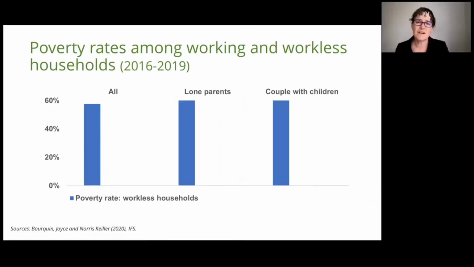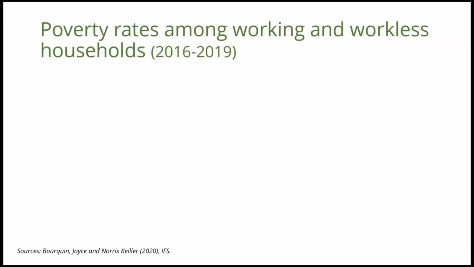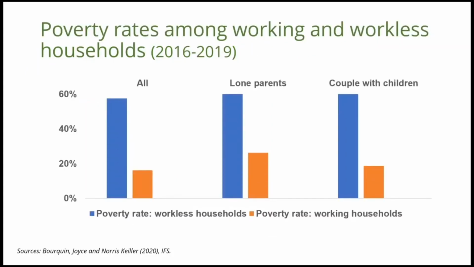And this doesn't in fact vary much across household types, with the poverty rate being around 60% for lone parents or couples with children. If we look at households that had work, we see that the likelihood of being in poverty is less, at around 20%.